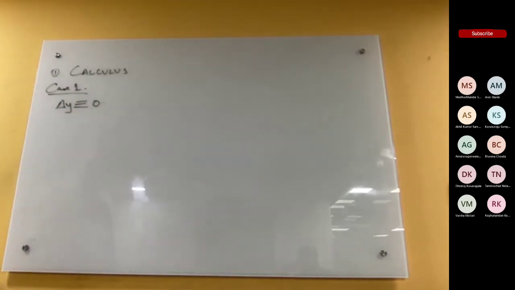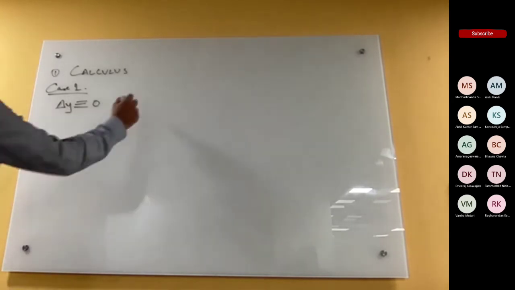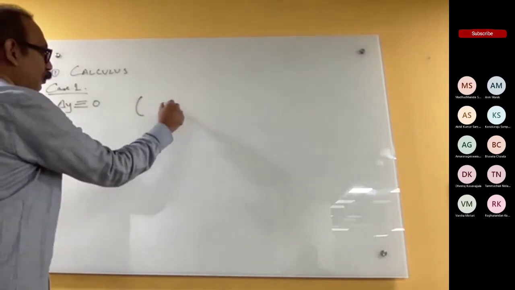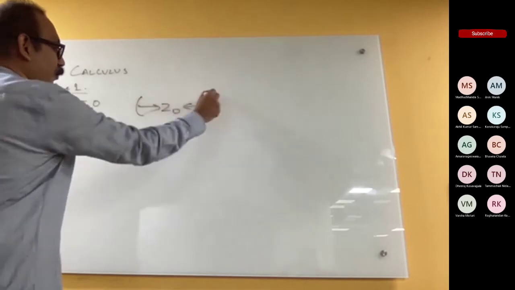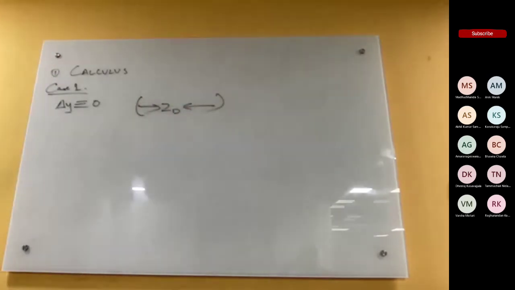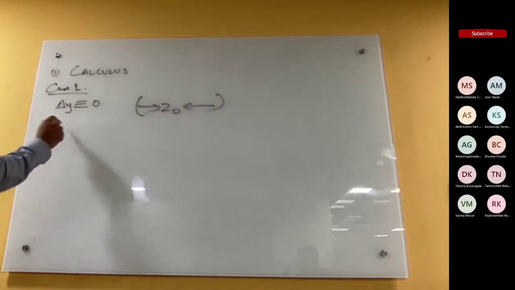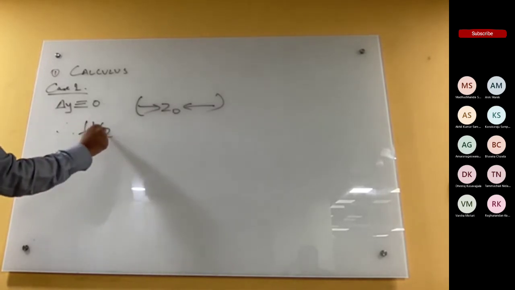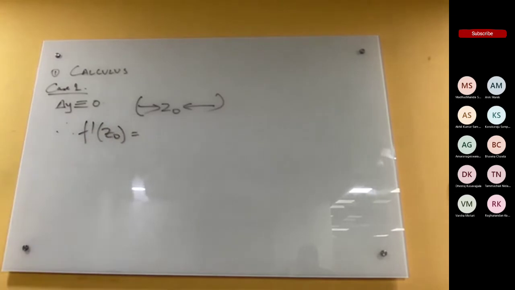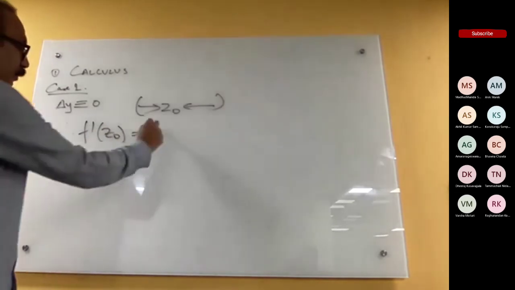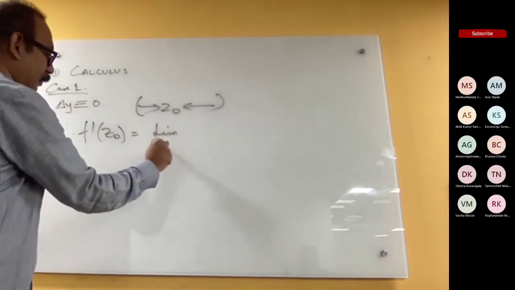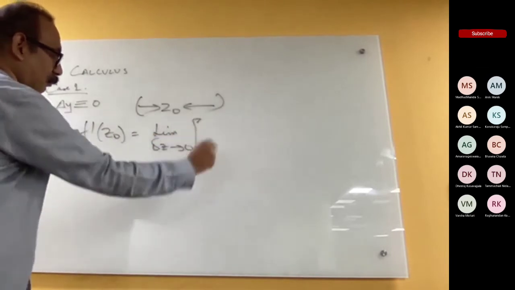Okay. Right, when I said delta y equals 0, what does this mean? It means you are approaching z0 only from left or right, because the imaginary part is 0. So what is it? This is basically the same story. Limit delta z tending to 0.